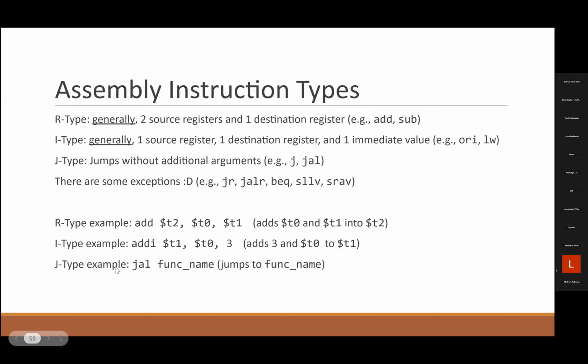And here, JAL is a J type. JAL function name will have us jumping to the label function name, while storing the current address to RA.